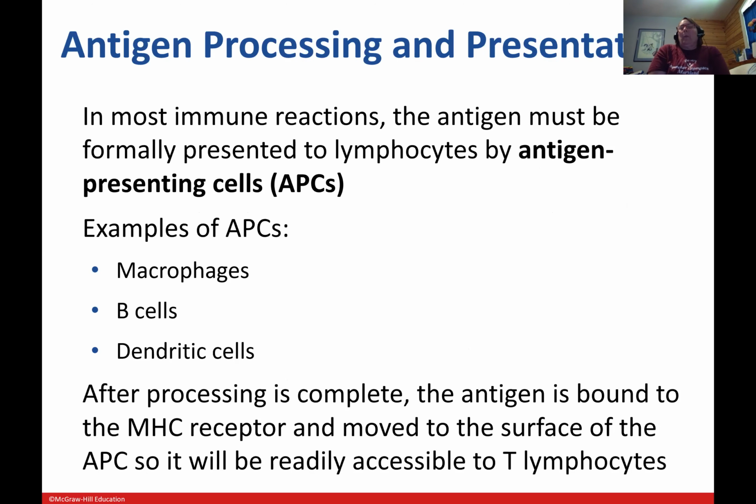Okay, so we've kind of glossed over this whole concept of antigen processing and presentation. I have mentioned it. Remember we talked about macrophages eating, say, a bacteria. It reaches around with these little amoeba-like pseudopods, pulls that bacteria inside, and then starts digesting it.